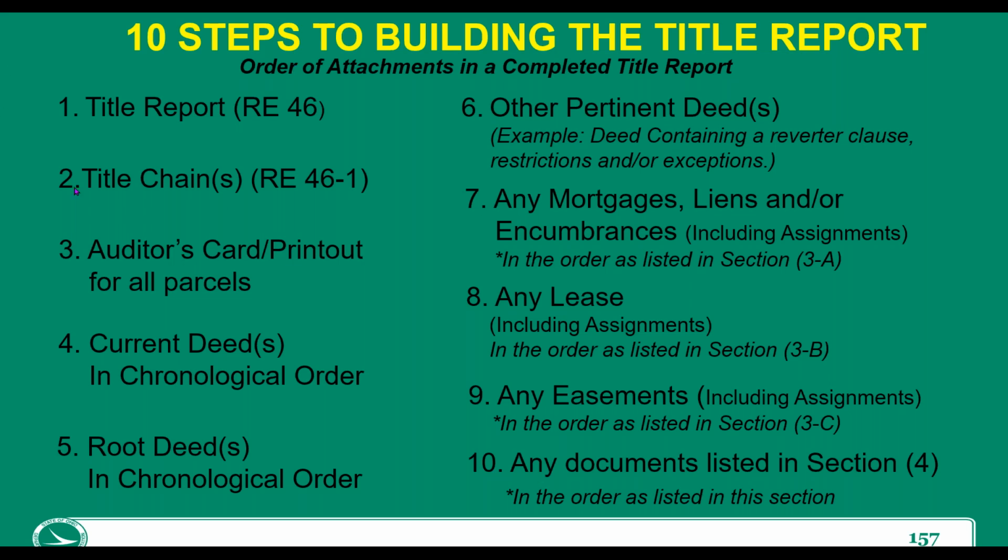I see where a lot of people like to put the auditor's card at the bottom. Doesn't make sense to me because I need to see that auditor's card right after I see how much acreage is in this chain. So why should I have to go dig all the way back to the bottom? So this is an example of the best way to build your title.